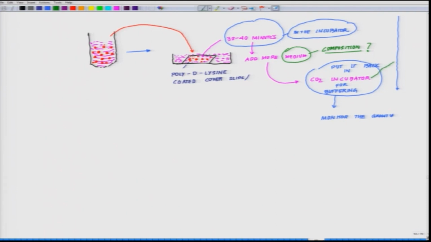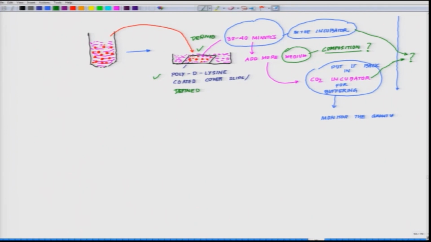The CO2 incubator fundamental concept in terms of the buffering I haven't told you, but I have told you about the substrate and how you are isolating the cells. So, I have defined two things. If you look carefully, I have defined two things. This is all defined and this part is defined.